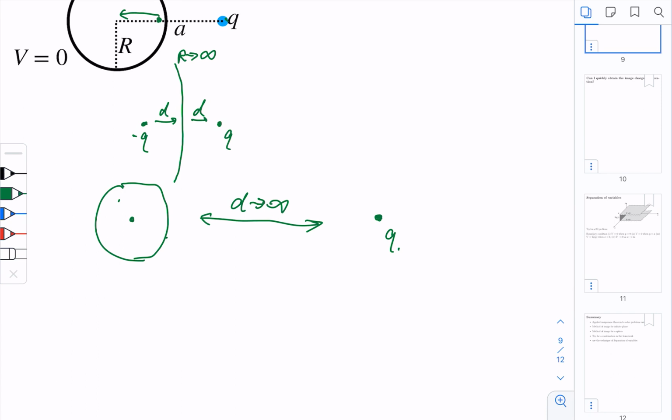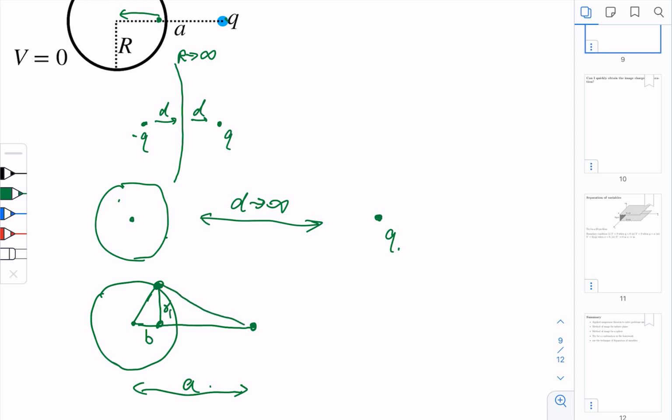So say that now the spacing here should be a, and we pick a distance. Let's claim this distance from the origin as b. And now if we are interested in the potential here, and there is one curly r1 and another curly r2.